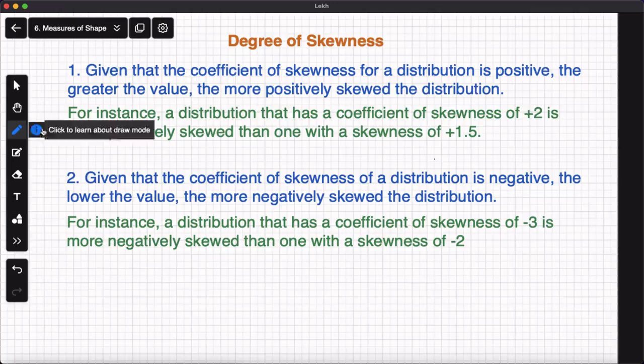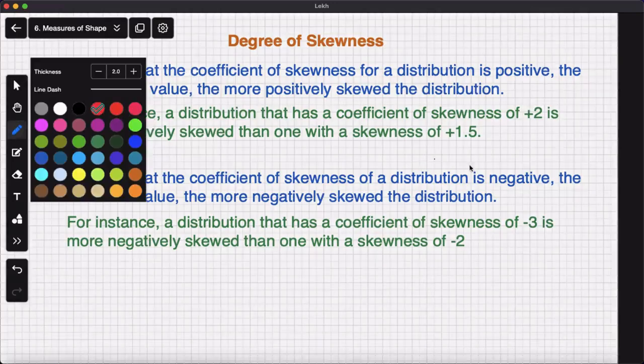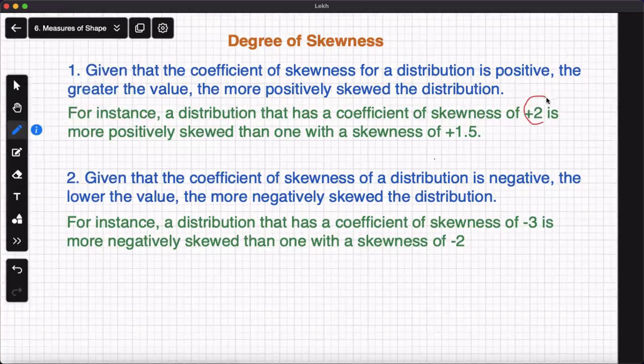For instance, a distribution that has a skewness of +2 is more positively skewed than a distribution that has a skewness of +1.5. So take note of that.